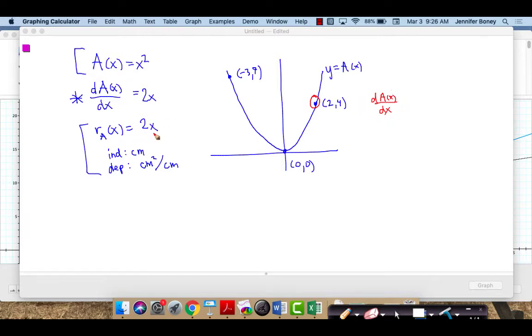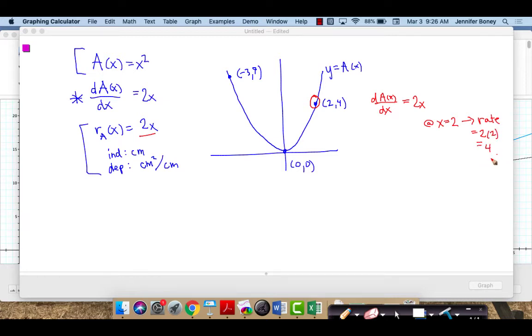Well, it says it's 2x. So at x equals 2, this rate, or the ratio of y to x changes, is going to be 2 times 2, which happens to be 4.